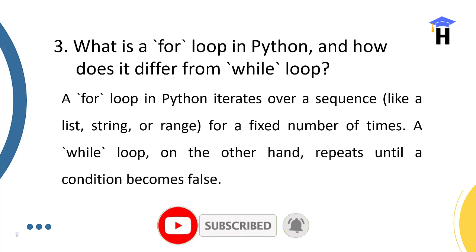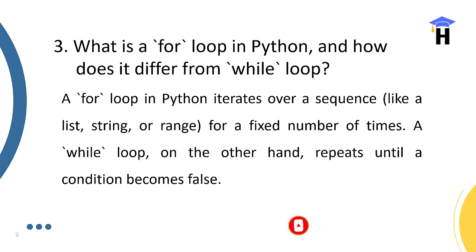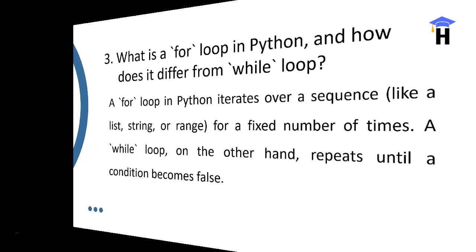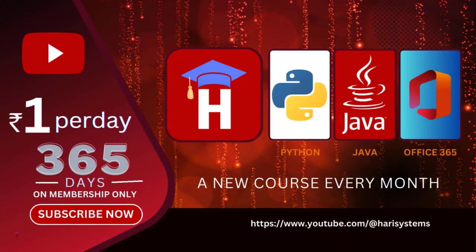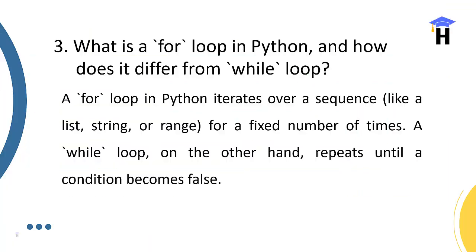Yes, we'll use for loop statements for a list, string, or range, when we need to iterate a number of times. A while loop, on the other hand, repeats until a condition is false, and then the loop automatically terminates. The same happens in the for loop also, where you have to justify this answer.